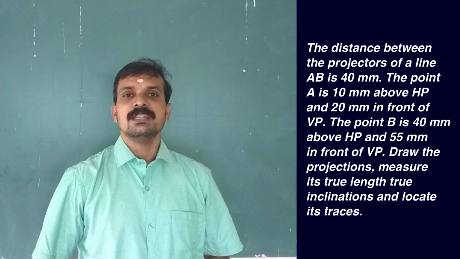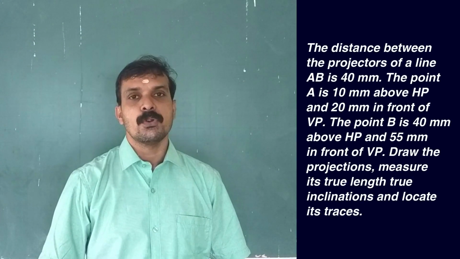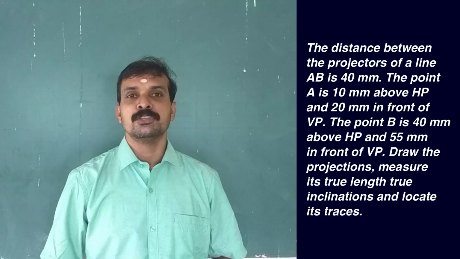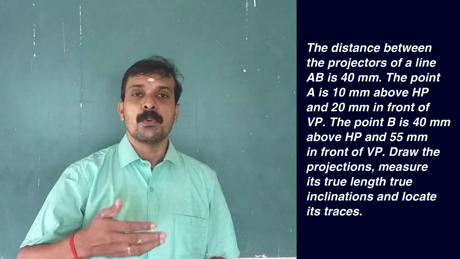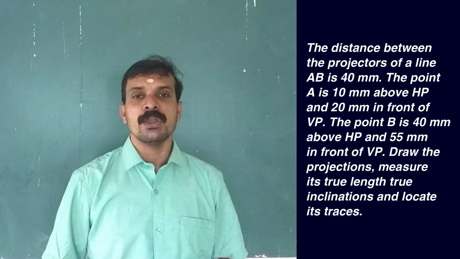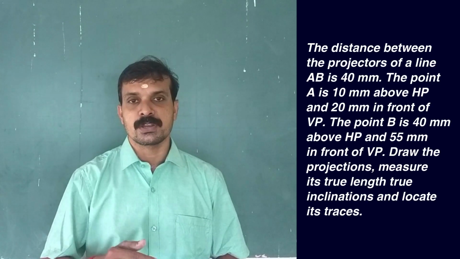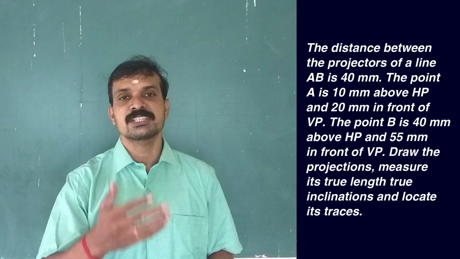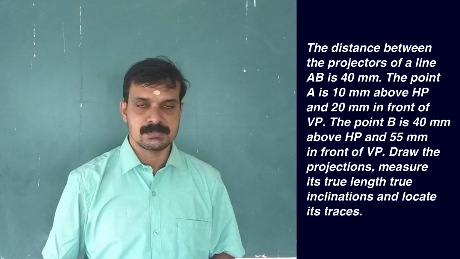The distance between the projectors of a line AB is 40 mm. The point A is 10 mm above HP and 20 mm in front of VP. The point B is 40 mm above HP and 55 mm in front of VP. Draw the projections, obtain the true length, true inclination and locate the traces.